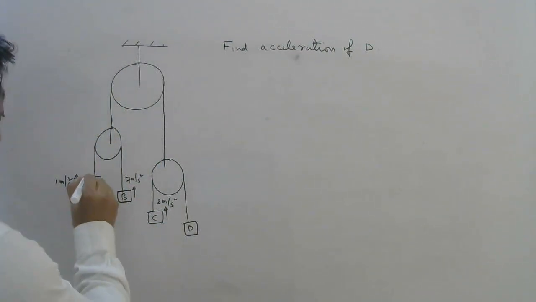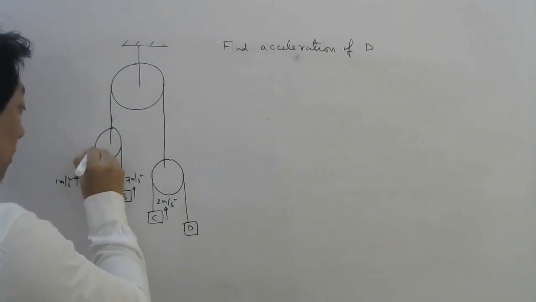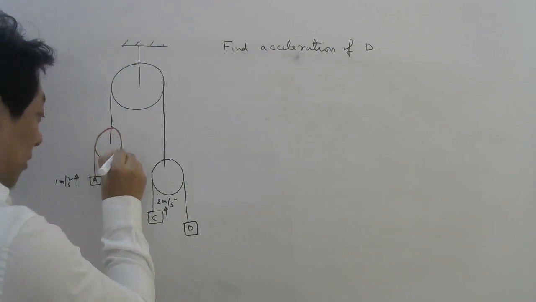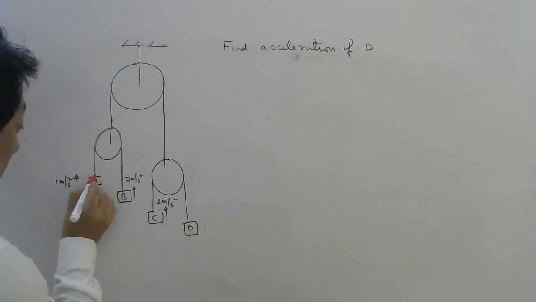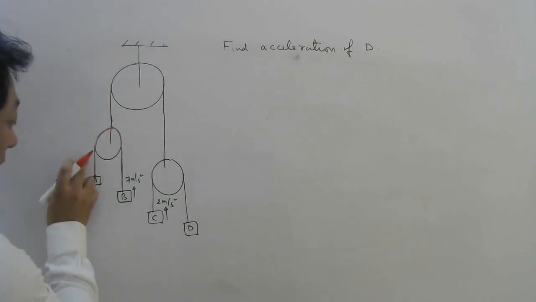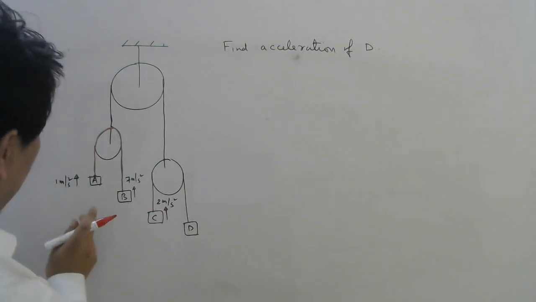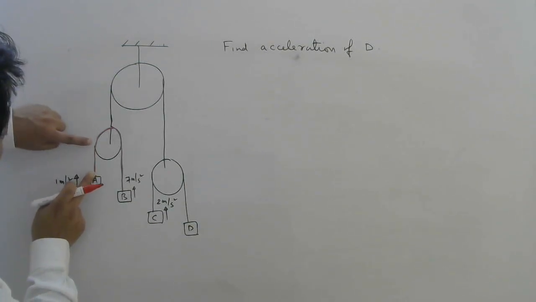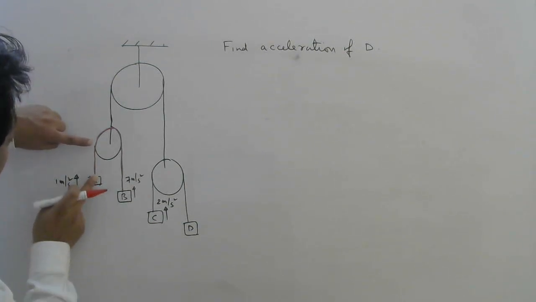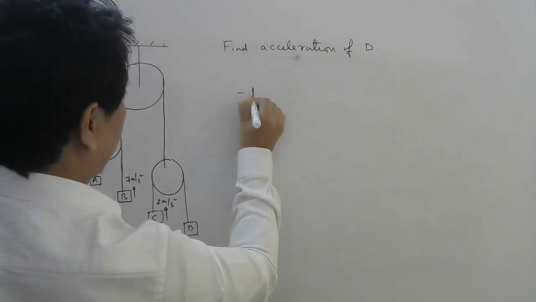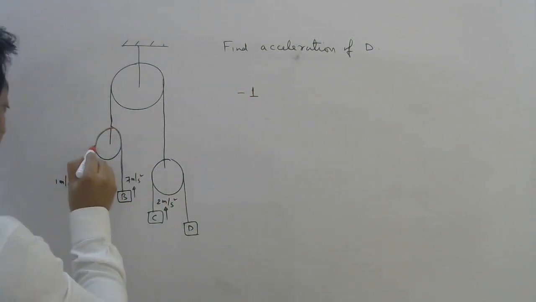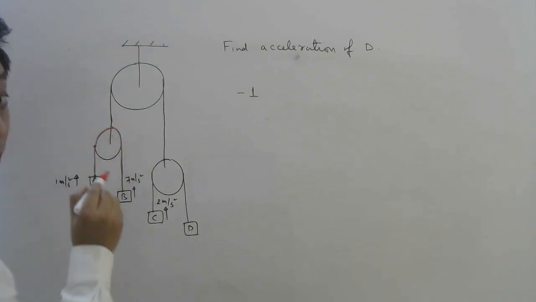So first consider this length of the string. You know that the length of the string is fixed, constant. Now this end is moving with the block with this acceleration, and that will try to decrease the length or increase the length. Decrease the length, right? So minus 1. What about this end? Remember, this pulley is movable.